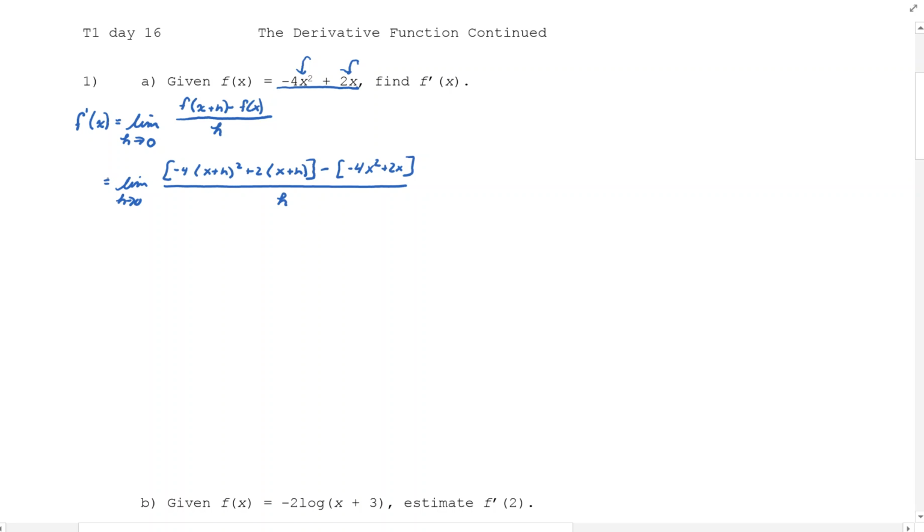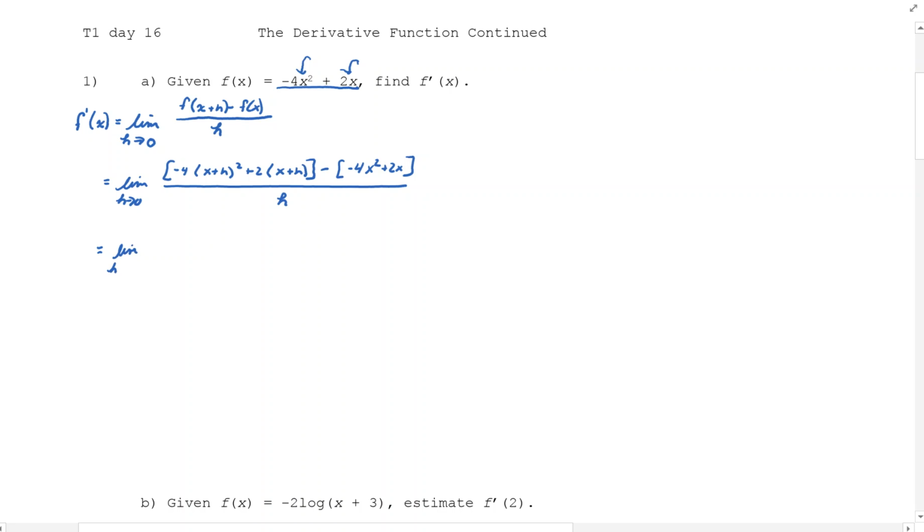Now, if I want to evaluate this limit, I'd like this h to cancel out, because if I plug in a 0, I have a 0 in the denominator, and the whole thing's undefined. So I'm going to need to expand this binomial, simplify algebraically, and see if I can get that h to disappear. If I can get it to cancel out, I'm in a good place. So let's expand that binomial.